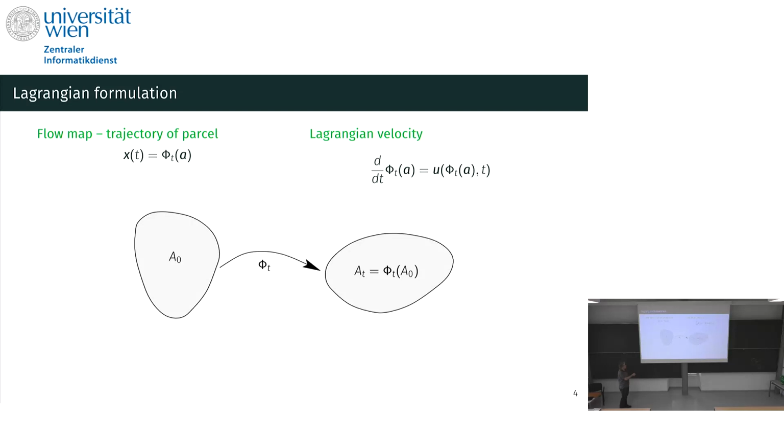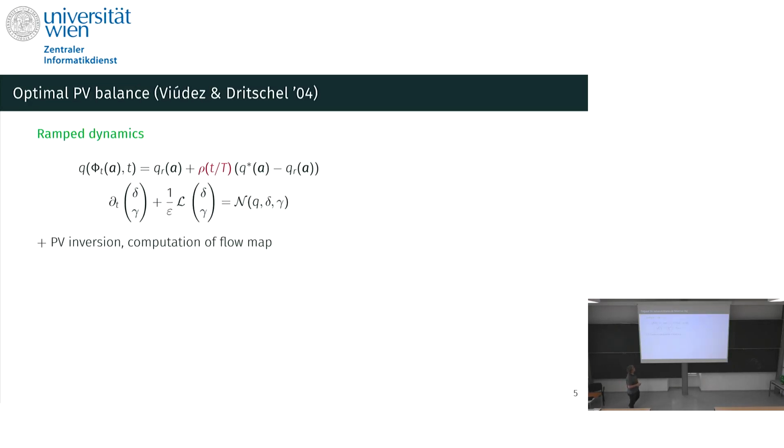Essentially what phi is doing is mapping some initial fluid volume onto the fluid volume at a later time. And basically, advection of potential vorticity just means push forward by the flow map. And the closure is done by PV inversion and needs to be augmented by some fast equation, like on the last slide for the ageostrophic quantities.